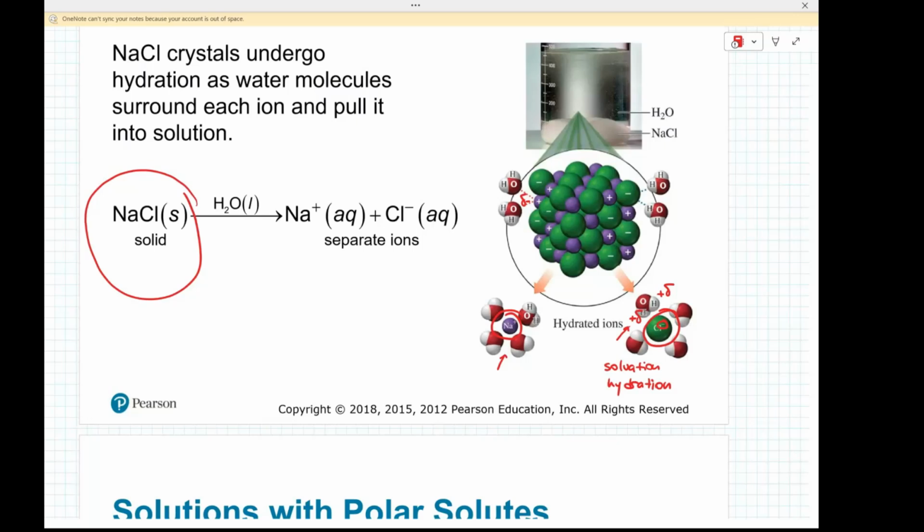The negatively charged ions, like chloride, will interact with partially positive hydrogens of water molecules, because remember, water has a partially negative charge on oxygen and partially positive charges on hydrogens because of the difference in electronegativity. And positively charged ions will interact with partially negative oxygen. Question? No? Okay.